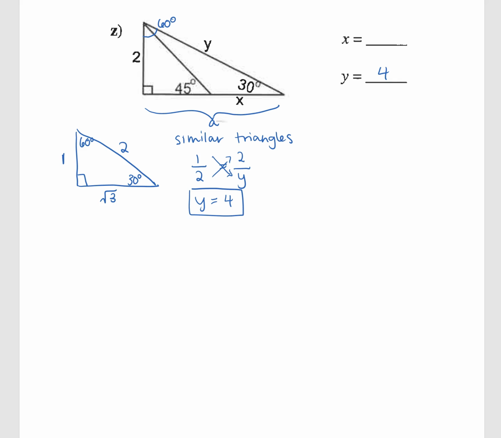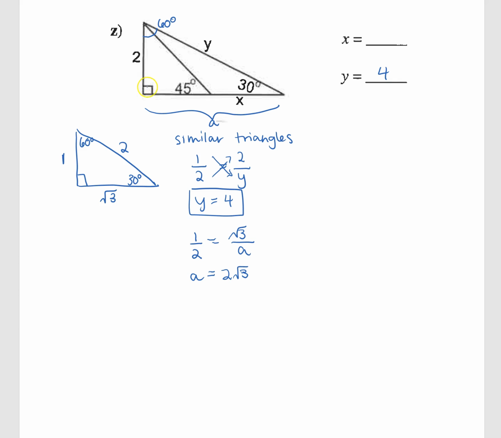So we can do the same thing we did with this 60, 30, 90 triangle and say that 1 over 2, this side over this side, should equal root 3 over a. Okay, so cross multiplying again, I get a is equal to 2 times root 3. I'm going to leave that as 2 root 3 because that doesn't simplify any further.